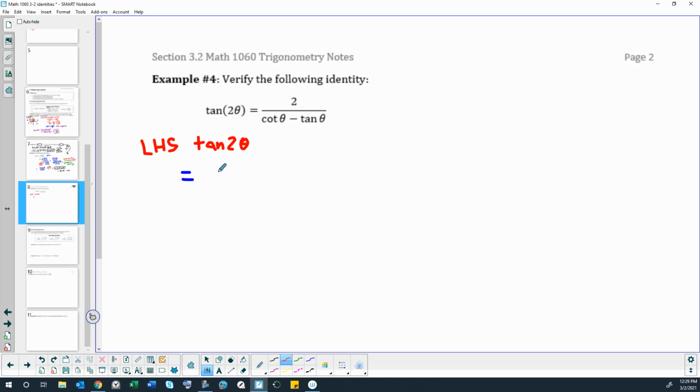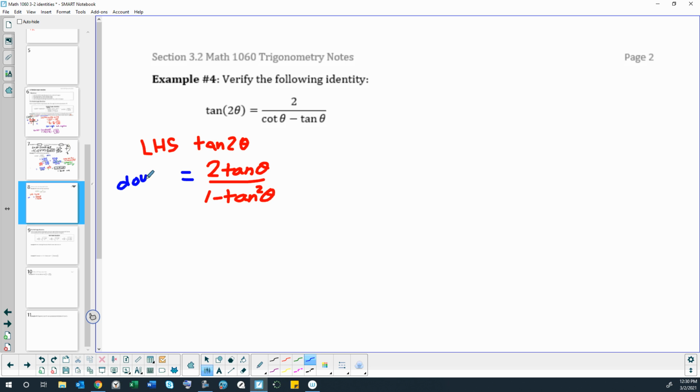It is 2 tangent theta divided by 1 minus tangent squared. So I've just taken tangent 2 theta and replaced it with this double angle identity for tangent, right?